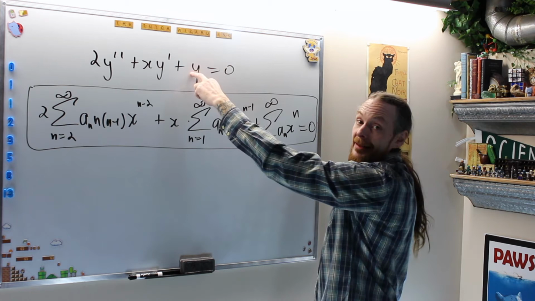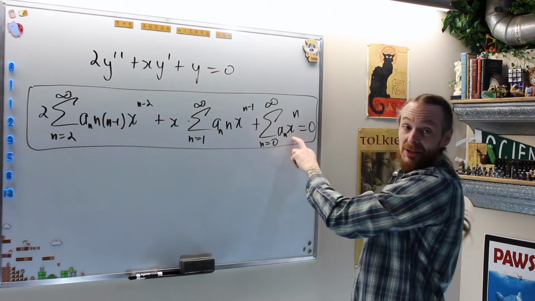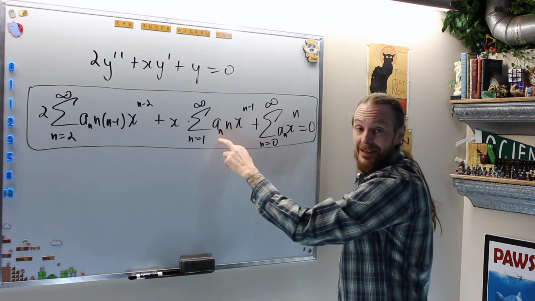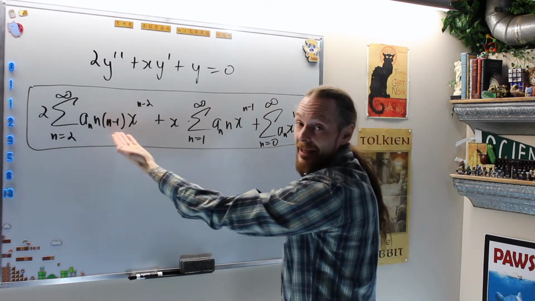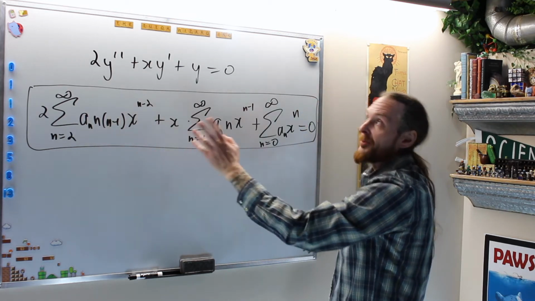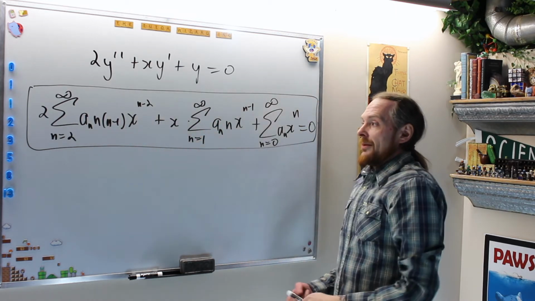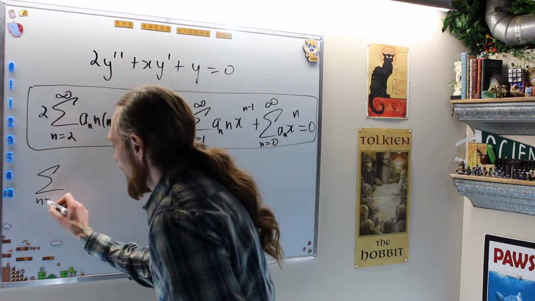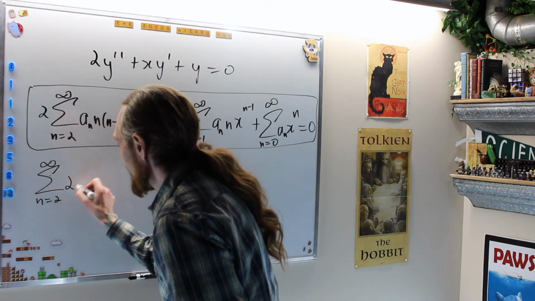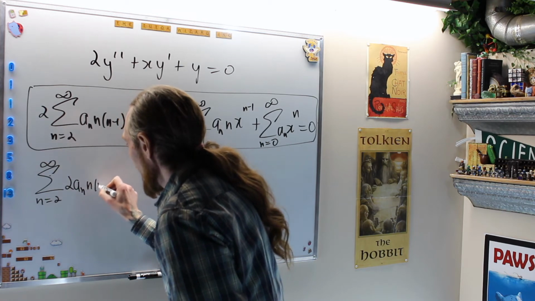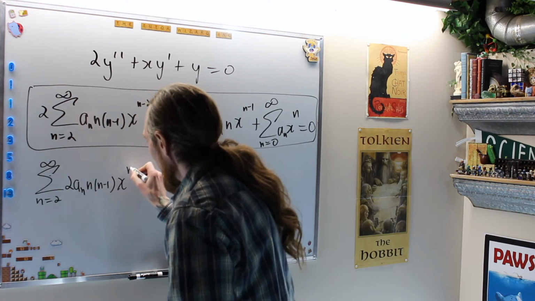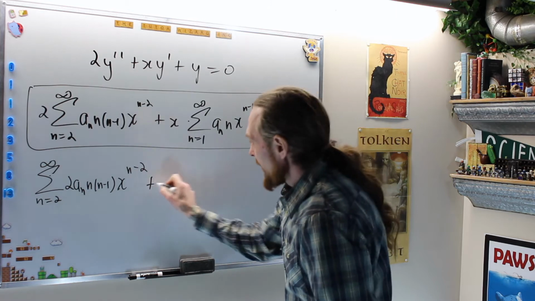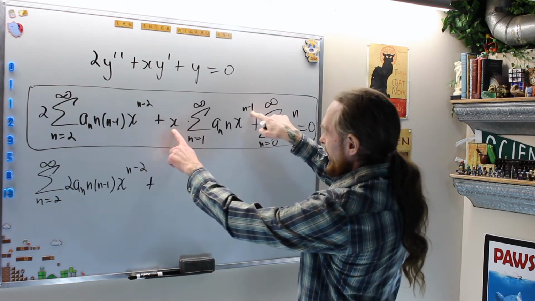And this one didn't have anything, so it won't be raised up. So I don't have to index shift this, and I don't have to index shift this. I will have to index shift this one. I'm jumping the gun a little bit. Simplify. This is the sum from n equals 2 to infinity of 2a_{n-1} x^{n-2}, plus, this and this cancel each other.